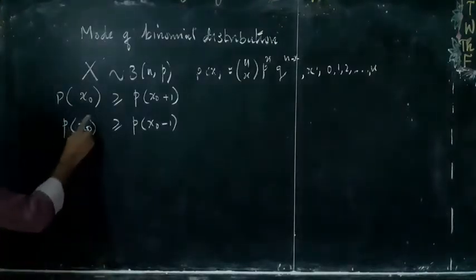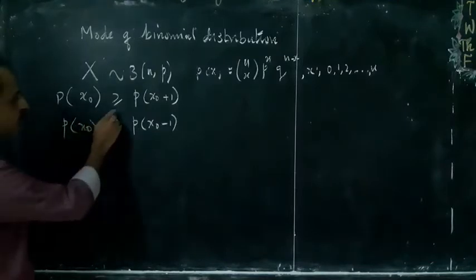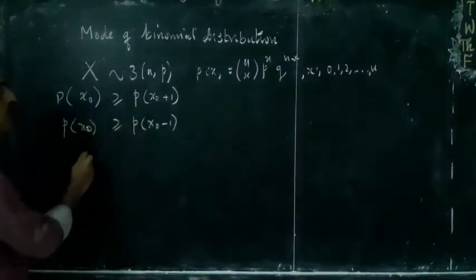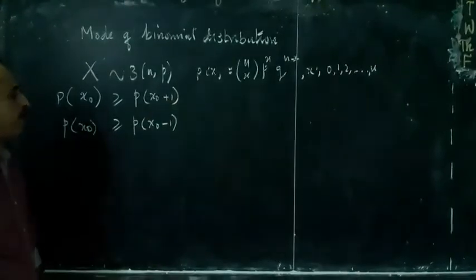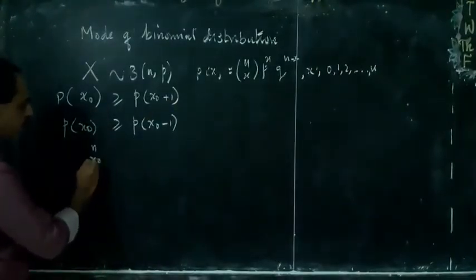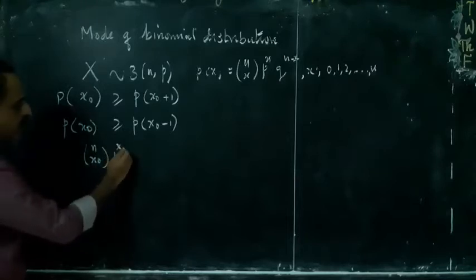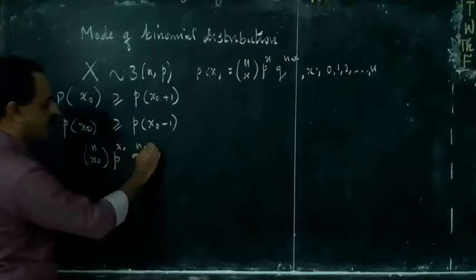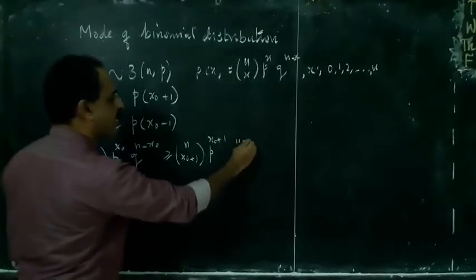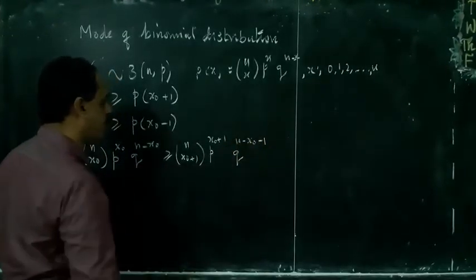So for that, we consider the first equation, P of x0 greater than or equal to P of x0 plus 1. Using the probability distribution, P of x0 is nCx0, p raised to x0, q raised to n minus x0, which is greater than or equal to the right side P of x0 plus 1. Its probability is obtained by putting x0 plus 1 in the general equation, that is nC(x0 plus 1), p raised to x0 plus 1, q raised to n minus x0 minus 1.